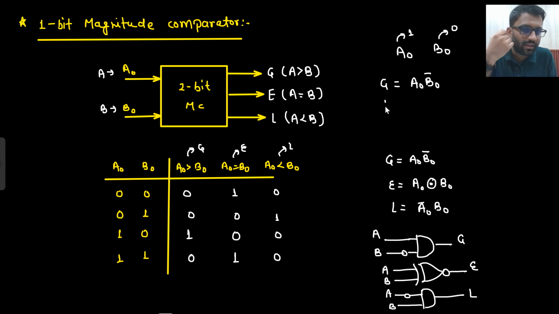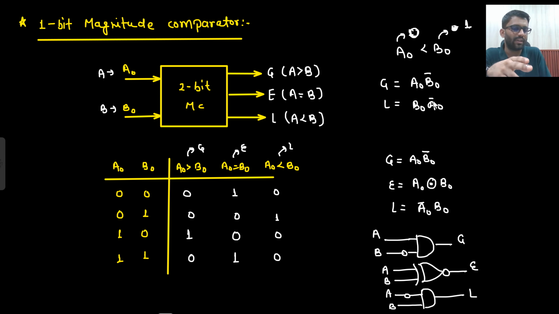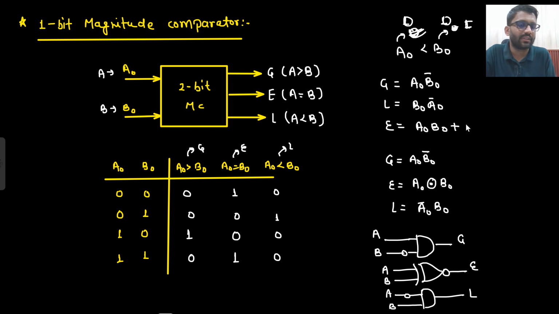If I need to write lesser, that means I want my B naught to be greater. If I want my B naught to be greater, that means B naught should be 1 and A naught should be 0. I am writing SOP form, so A naught will be written in bar and B naught will be written normally. Now if I write equal, when can it be equal? If A naught is 1 and B naught is 1, or if A naught is 0 and B naught is 0.